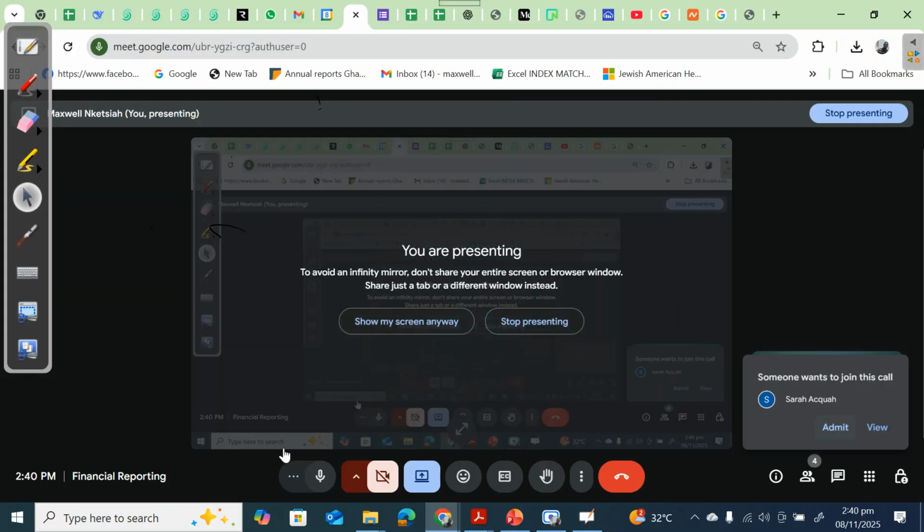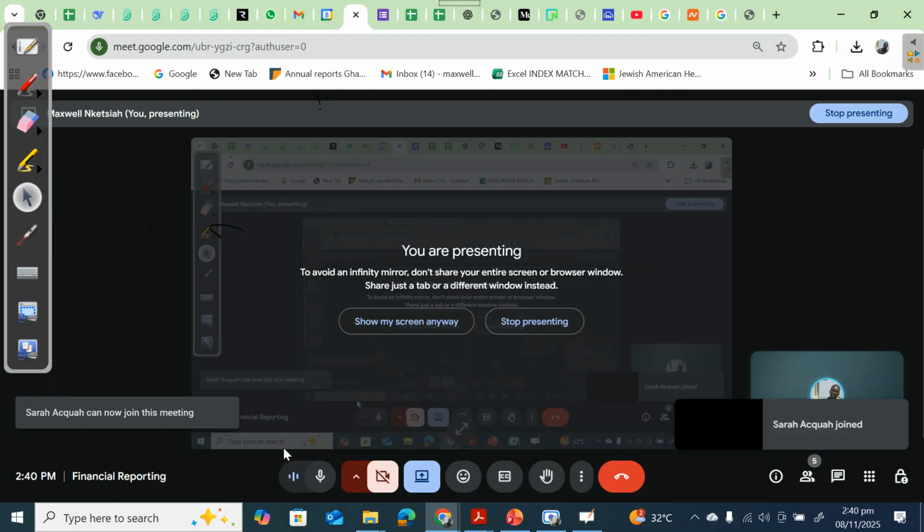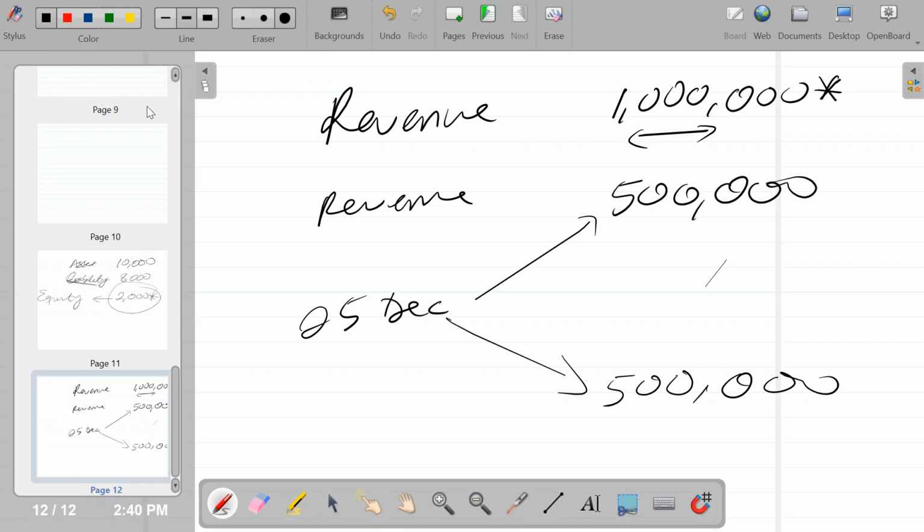Okay, on credit. So you accept it. And then at the end of the year, the following year, if you think you cannot pay, you can bring it back. So making the company report revenue of 1 million.